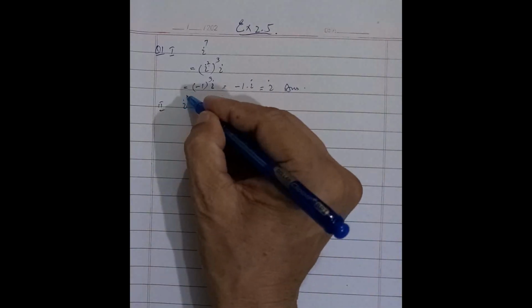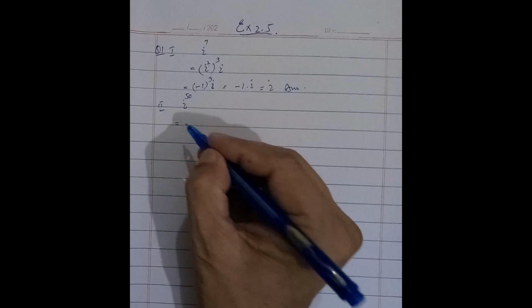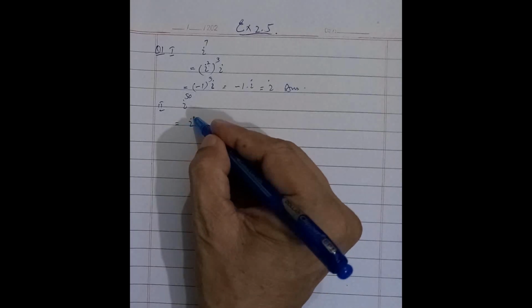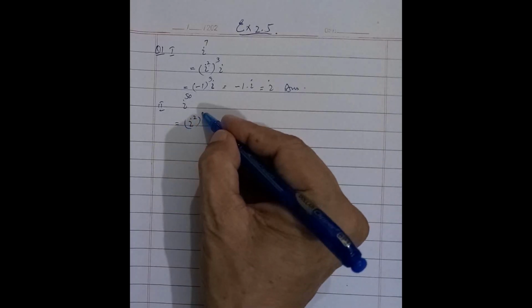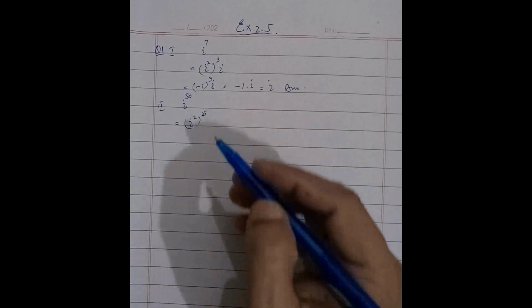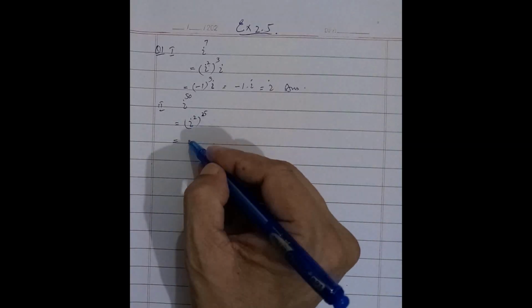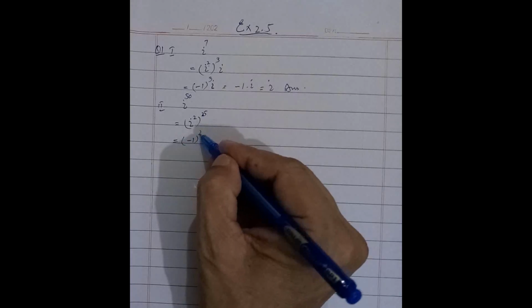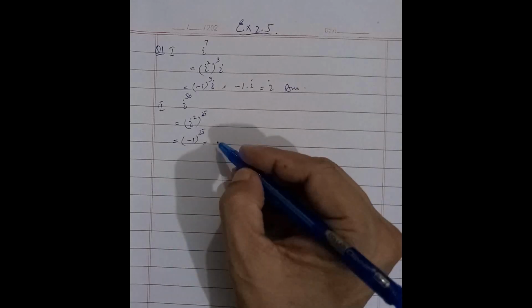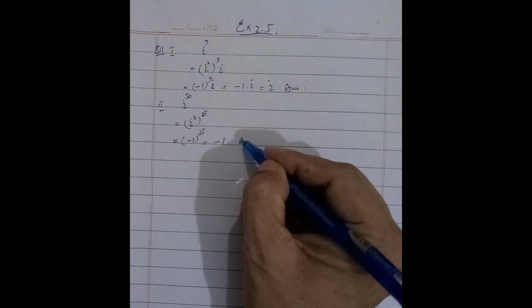The second is iota 50, in which, the same way, we first take iota square whole power 25. 25 twos are 50. Now we simplify it. Iota square is equal to -1 whole power 25, and because -1's power 25 is an odd number, the answer is -1.